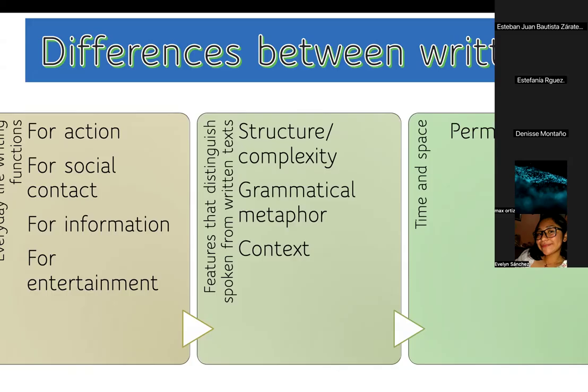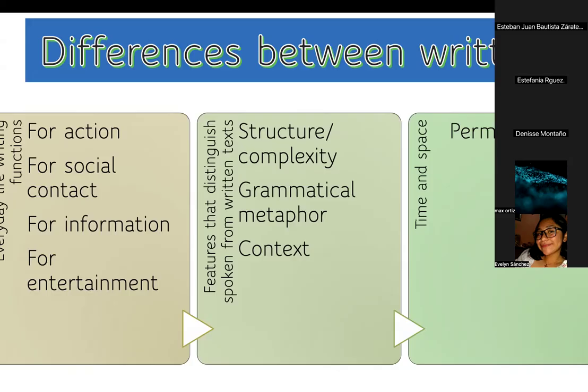You also need to use some structures that do not allow shortened versions. In this case, you are not going to use reduced forms that in speaking are allowed.